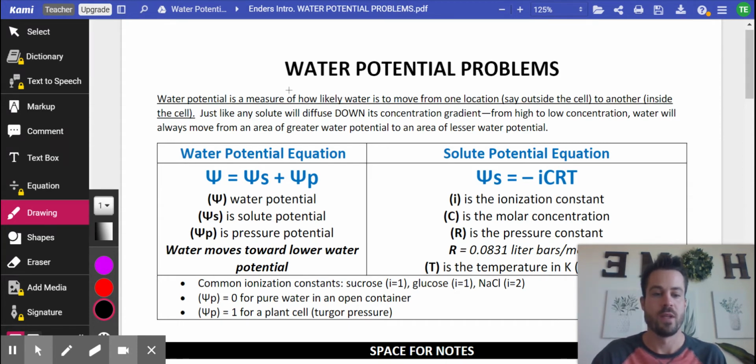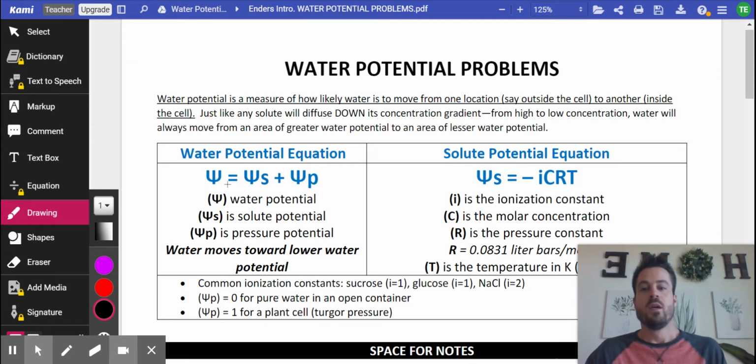Water, just like other things, moves from an area of high concentration to an area of low concentration. So if your water potential value is low, and it can be negative, it'll move in that direction. Water potential can be positive, negative, or zero, but water is always going to move to the lower number.